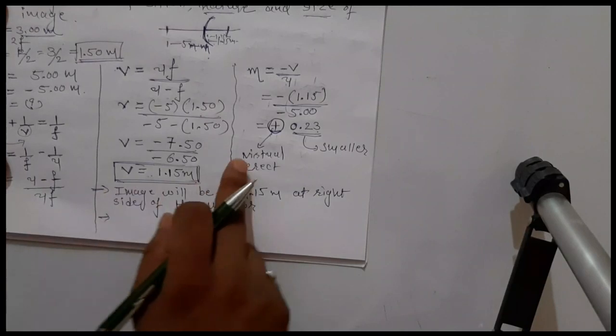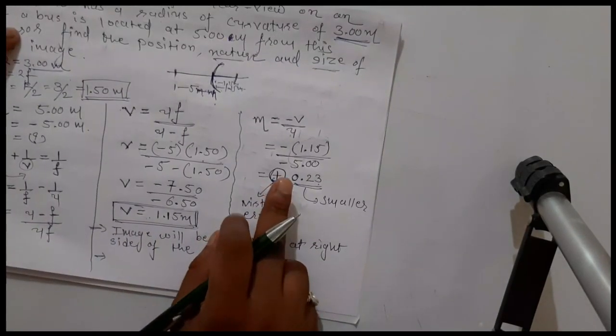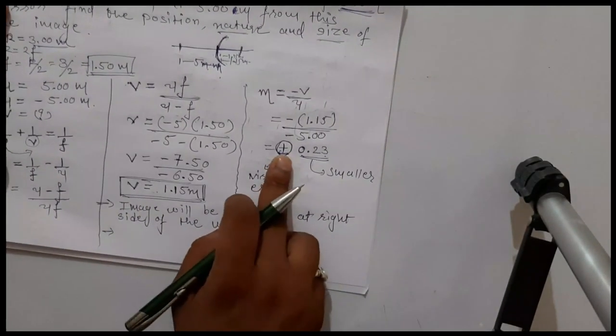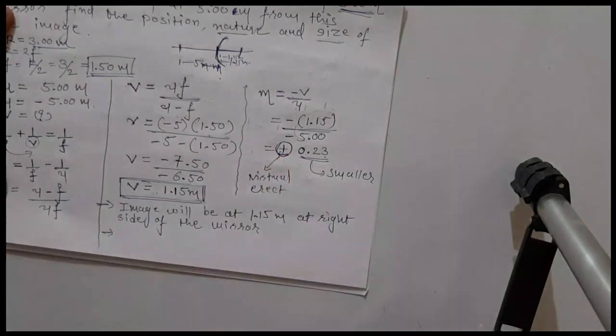And its type, how did we get its type? By finding magnification. We got the answer positive, it means the image will be virtual and erect. And how will its size be? It will be smaller than the object, okay.